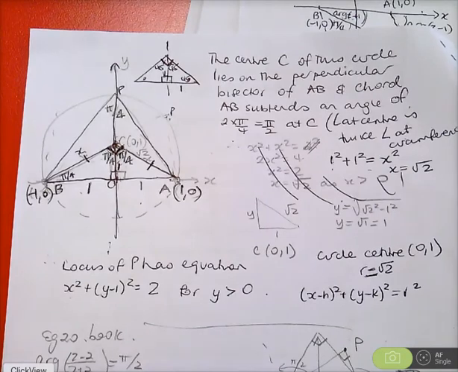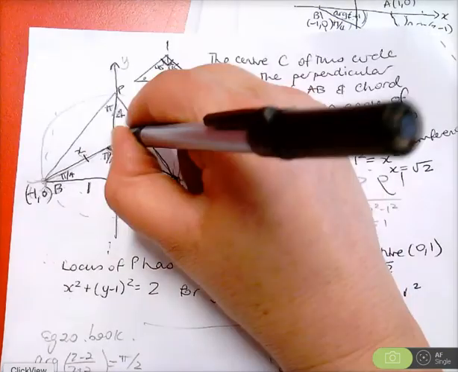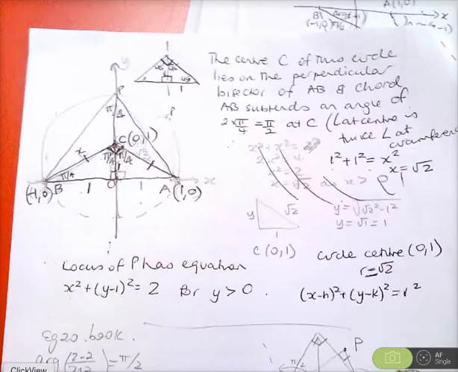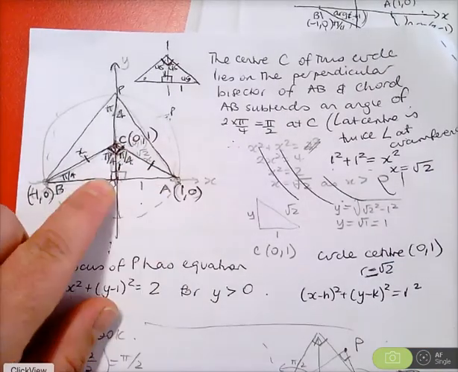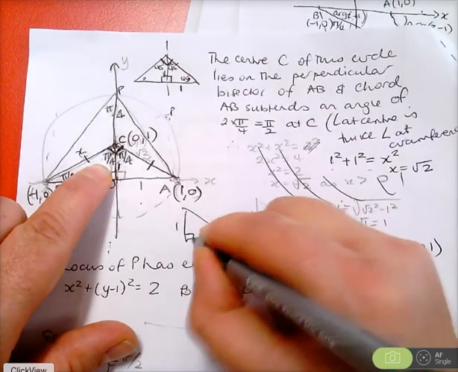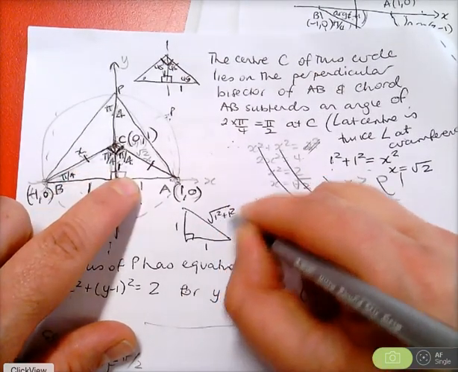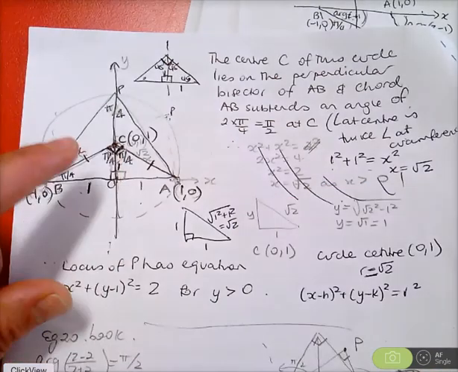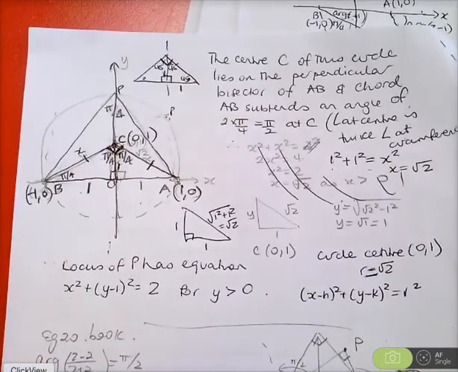You wrote C is 0, 1, and then you wrote A is 1, 0. So the distance is... oh, wait, never mind, I get it. A is 1, 0 and C is 0, 1. So you've got a right angle triangle with sides 1, 1. That's the square root of 1 squared plus 1 squared, which is root 2. If it was a 60-degree angle, they'd all be 1. Sure? All right.